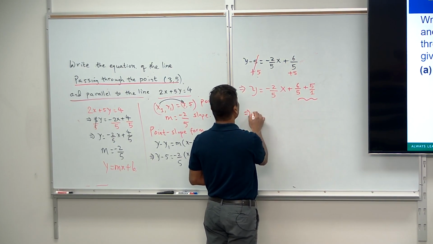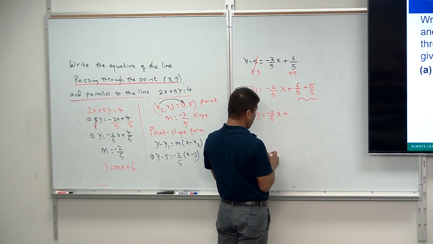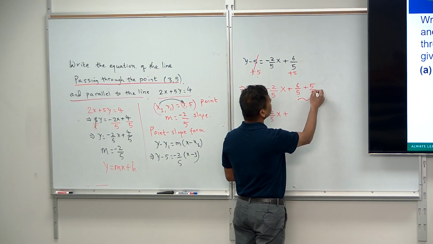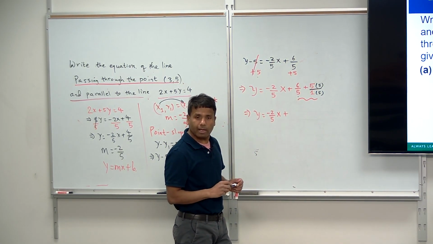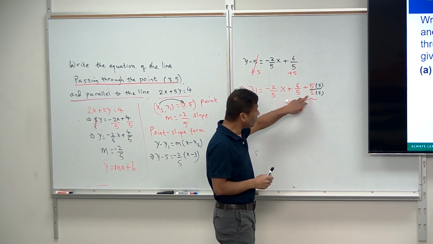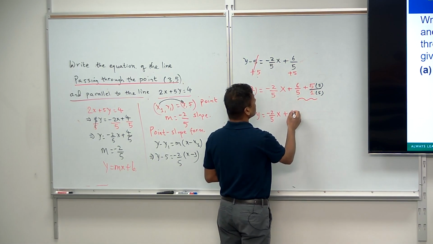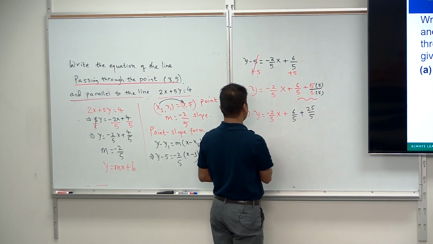So it will be y equals negative 2 over 5x plus, I want to make a common denominator here. Can I multiply this 5 by 5 in the numerator and denominator? I want to combine the 6 over 5 and 5. So this is 6 over 5 plus 5 times 5 is 25 over 5.